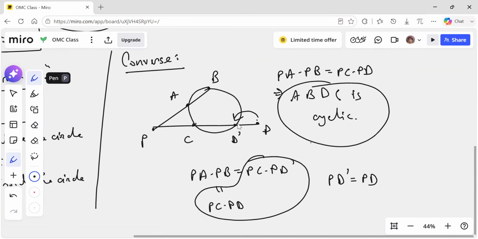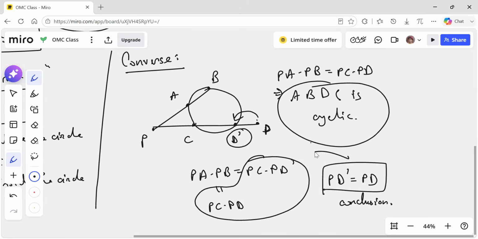For example, you're taking a phantom point which really does not exist, because this point is really this, and now you are using this point to do geometry, and then you get that this point is actually this one. So this is your conclusion. You have used a ghost point which does not exist to show this is true, and then you can show that the ghost point is actually what you wanted.